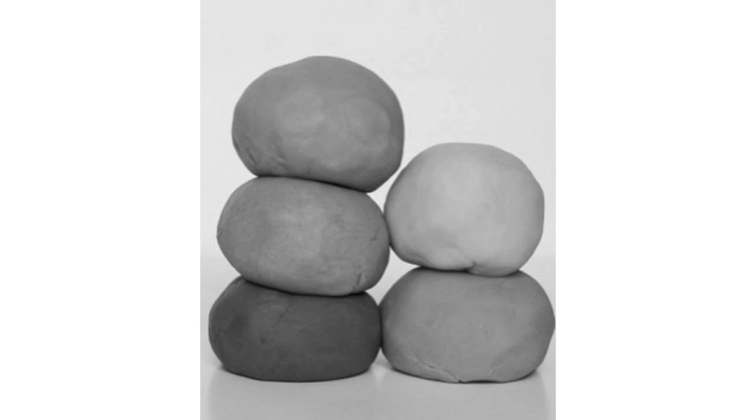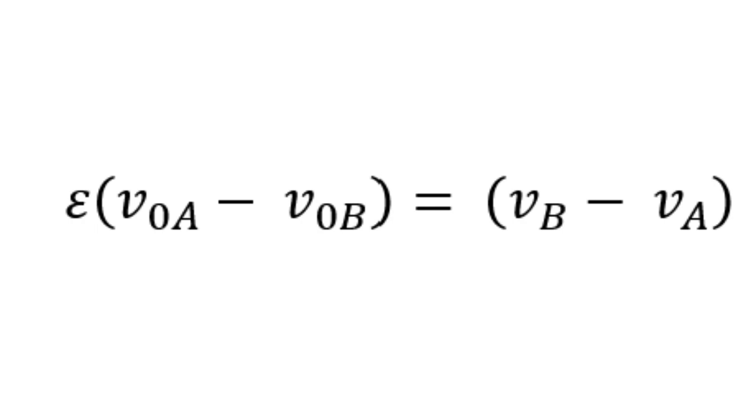The measure of the ability of the bodies to regain their original shape is called the coefficient of restitution. Mathematically, it is defined in terms of relative velocities before and after impact. The equation defining the coefficient of restitution, epsilon, is as follows. The value of the coefficient varies from epsilon equals 0 for completely plastic impact to epsilon equals 1 for completely elastic collisions.